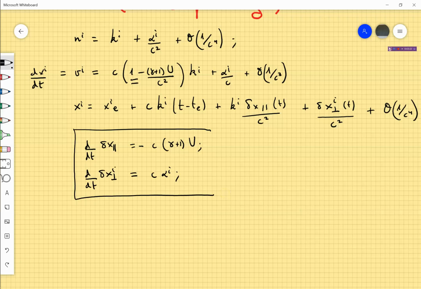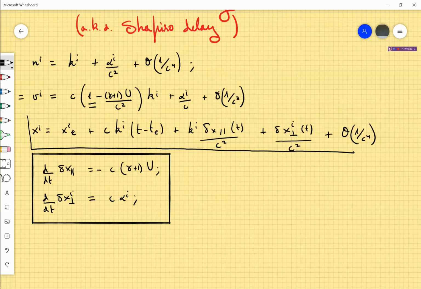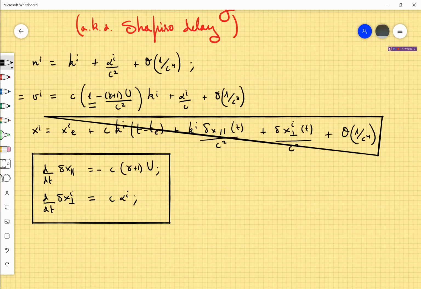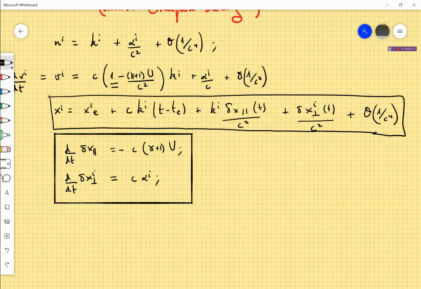So in the end the trajectory of the light ray is given by this expression, where these two terms, longitudinal and transverse, describe the deviation from the expected trajectory of the light ray in Minkowski space-time, and satisfy these two equations here.